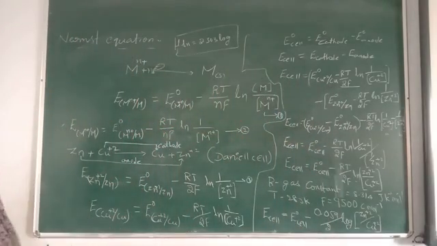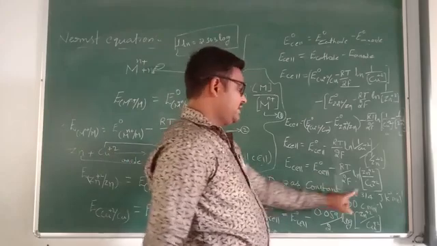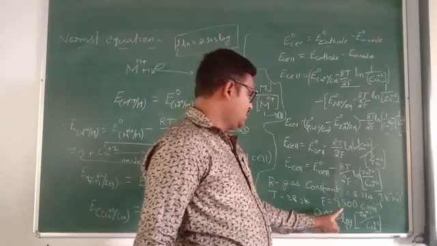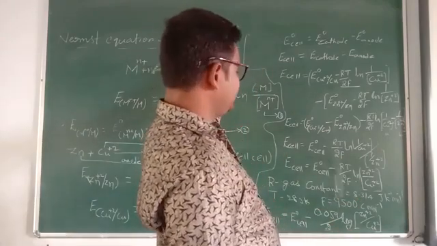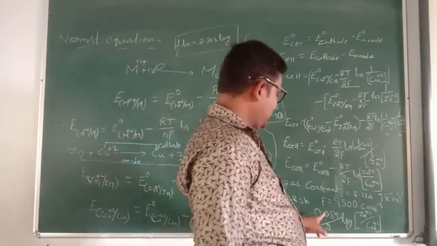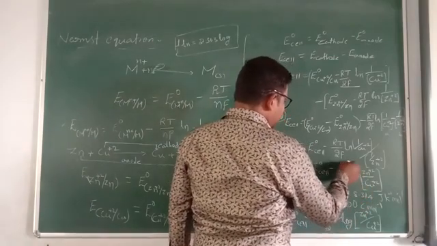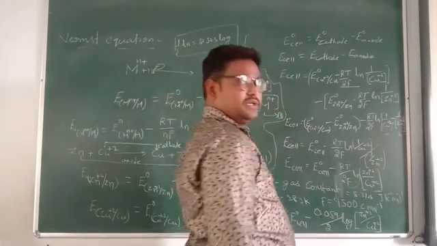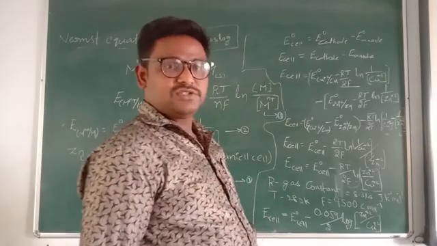So if we substitute all these terms in this equation, R value 8.31, T value 283 Kelvin, F value 96,500, and ln value 1 ln is equal to 2.303, and multiply all these four terms, the value is 0.059 by 2. Here 2 is already present, so the number of electrons 2 remains as it is.